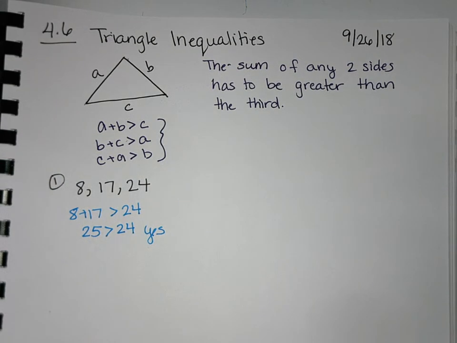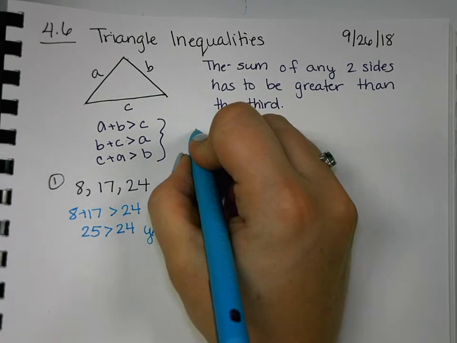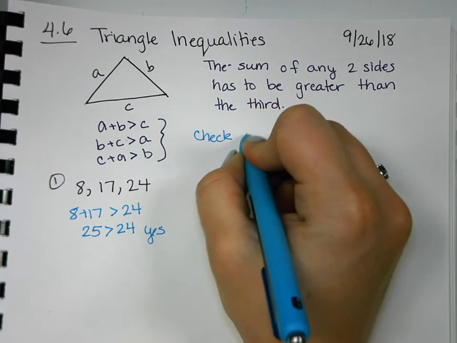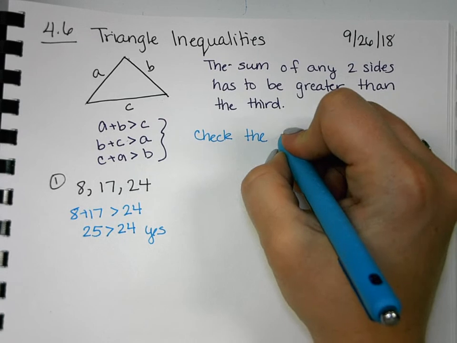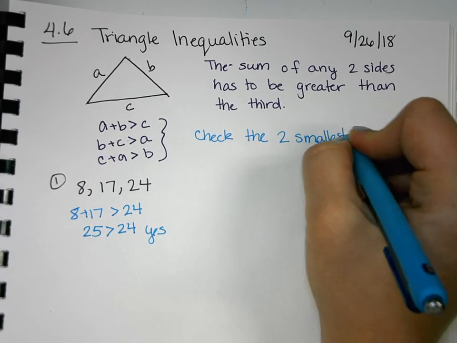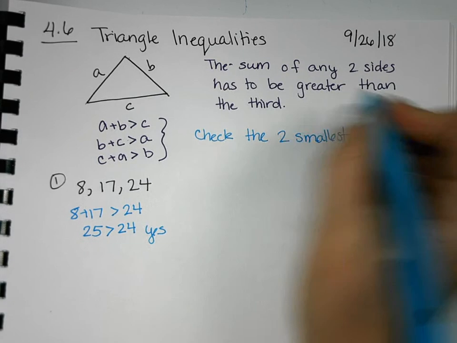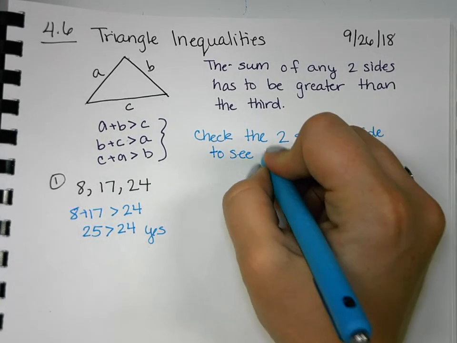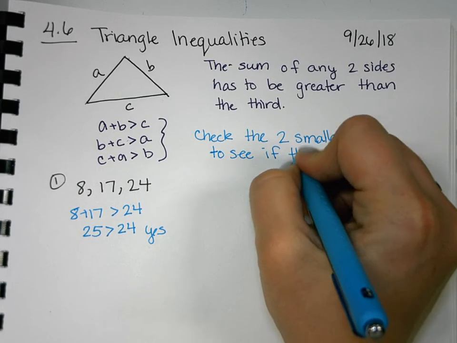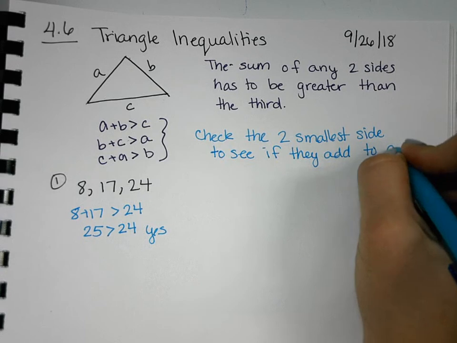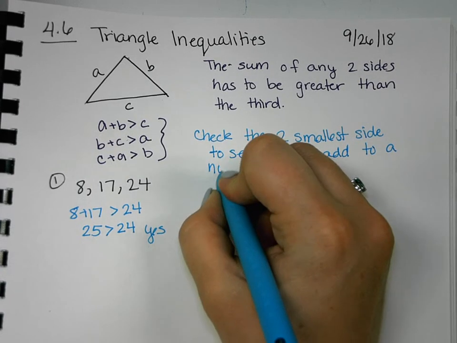And really we only need to do, this is kind of the shortcut, is check the two smallest sides to see if they add to a number larger than the third.